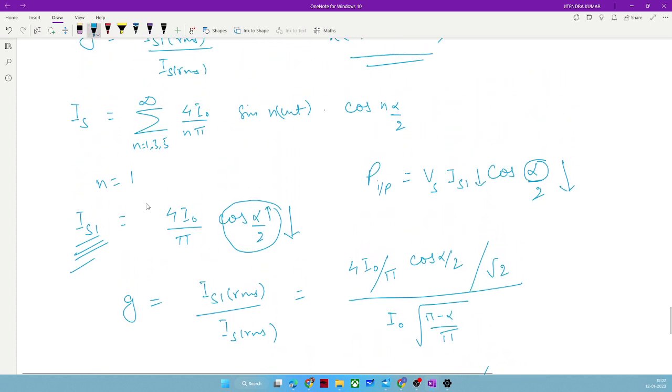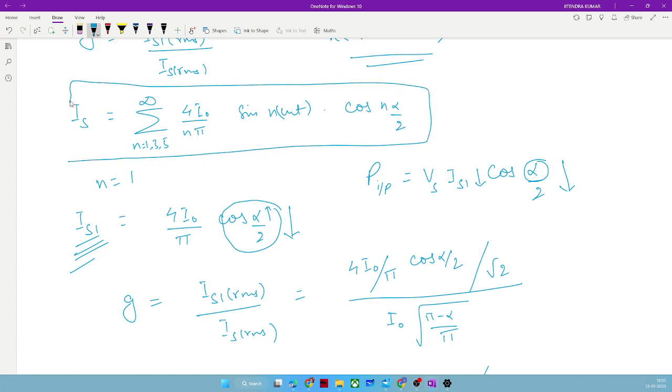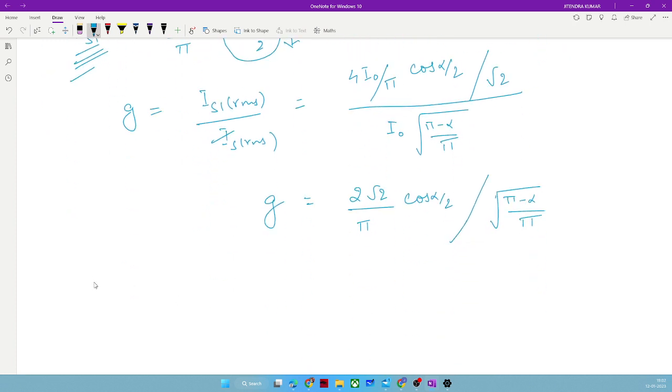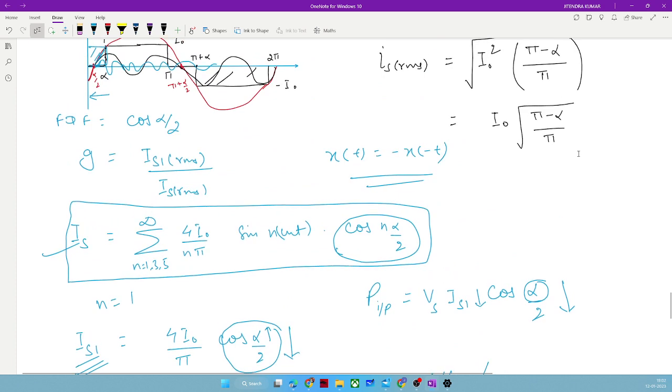If you know how to find this expression, it is the conventional expression with just a multiplication of one factor due to the freewheeling operation. Once you have computed IS RMS, you are good to go with the distortion factor. And once you compute the distortion factor, you can easily compute THD, which is nothing but the square root of 1 by G square minus 1, and you will get some value which should be less than 48%, which we were getting in the uncontrolled rectifier.